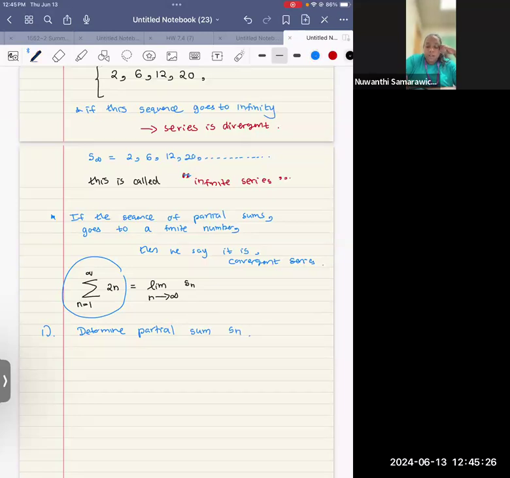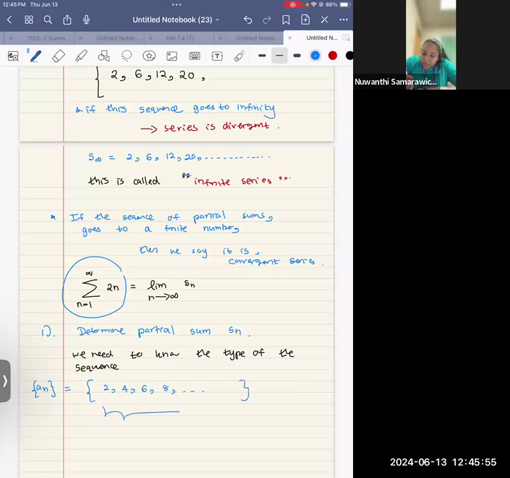For that we need to know the type of the sequence that you are dealing with. So we have the sequence a_n is 2, 4, 6, 8, and this goes on. What type of sequence is this?